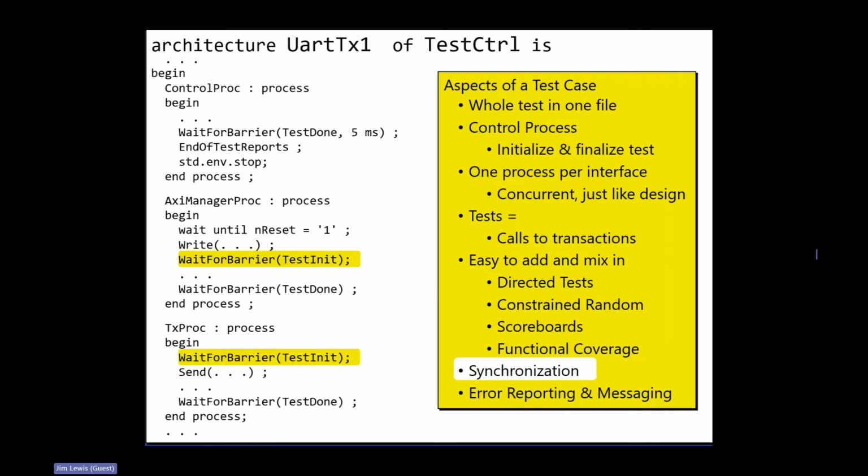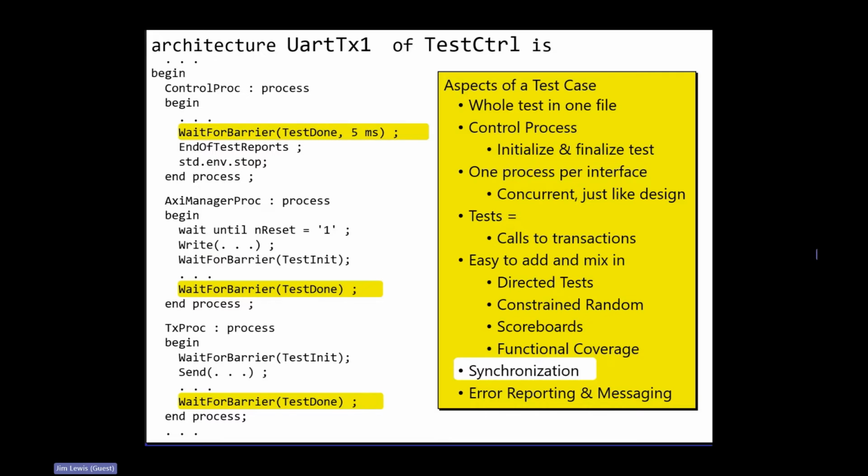But because we are running independently, we need synchronization primitives. So we use this wait for barrier. When a process hits it, it blocks until all processes hit it. So this gives, for example, the AXI manager a chance to set up the DUT before the TX starts spewing data and stimulus at it. We also use it as our test done indication.